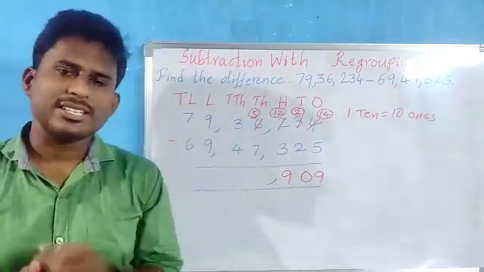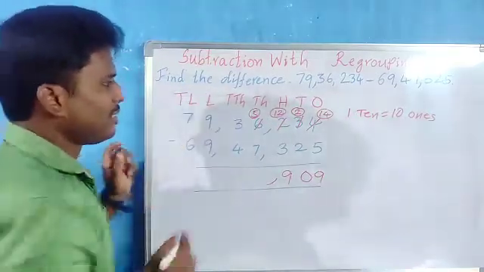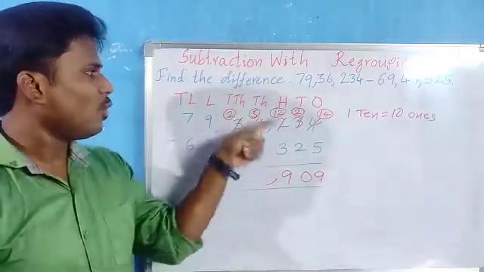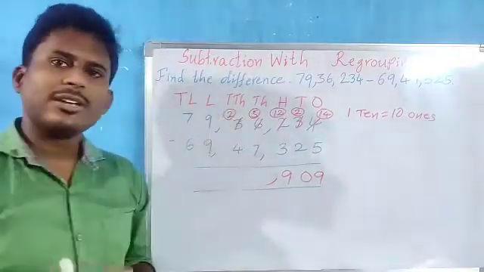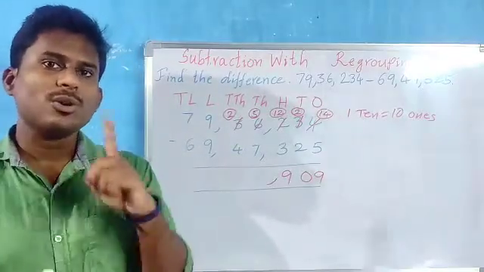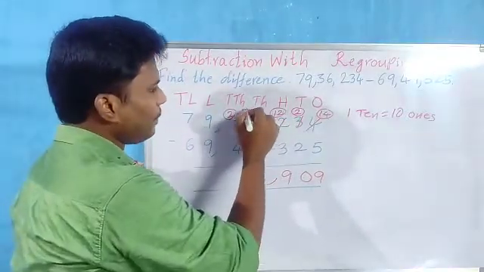5 minus 7, is it possible, children? No. Again regroup from the 10,000s place. When we regroup, here we will have only 2 ten-thousands. 1 ten-thousand equals how many thousands, children? 10 thousands. So 10 plus 5 will be 15, children.